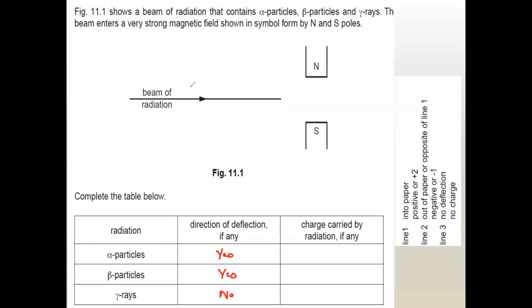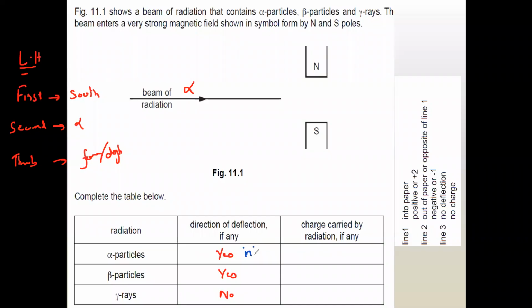For example, if this was alpha, we'll use the left hand. In the left hand, your index finger, the first finger, will point towards the magnetic south. Your second finger represents the direction of the alpha particle, and your thumb will point towards the force or the deflection, the direction in which it will deviate, that is into the paper.